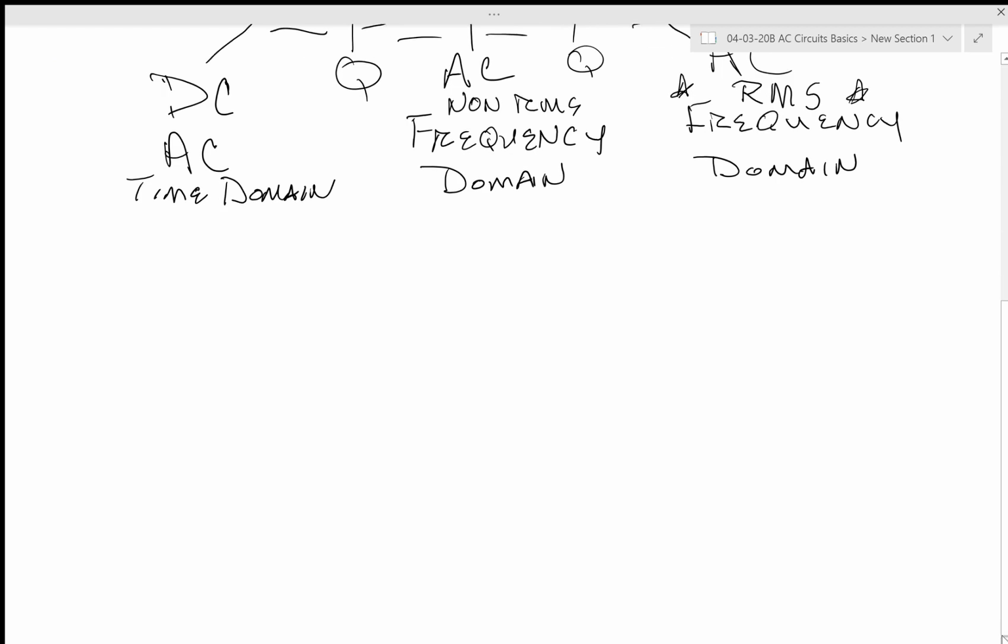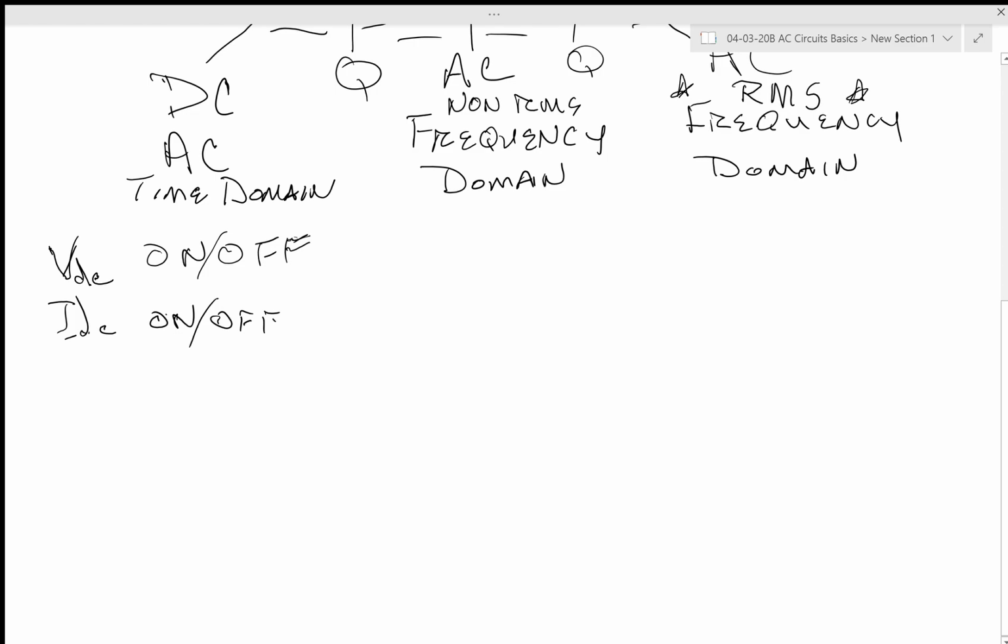everything works. Again, you had DC voltage and it was on or off. IDC was on or off. On or off.